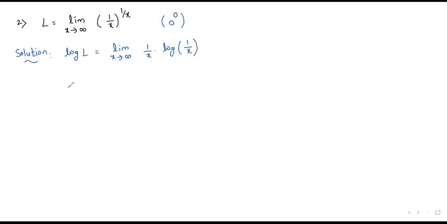So limit as x tends to infinity. Again we will try to bring this into 0/0 or infinity by infinity form. Now what is log of 1 upon x? See, log of 1 upon x, this is log 1 minus log x. What is log 1? 0, minus log x.